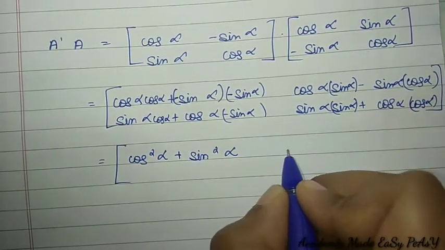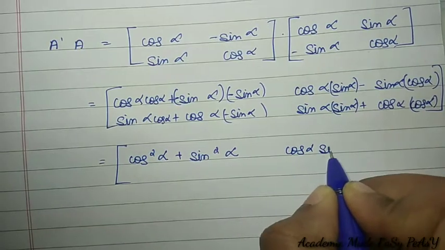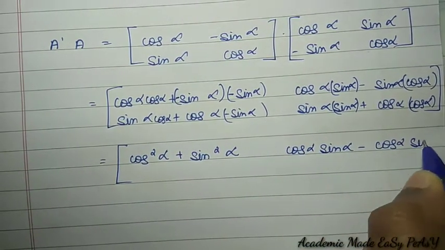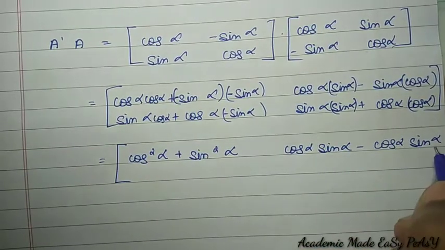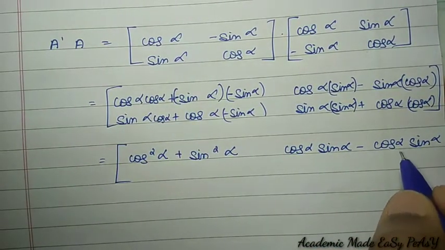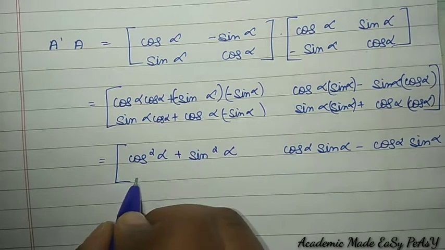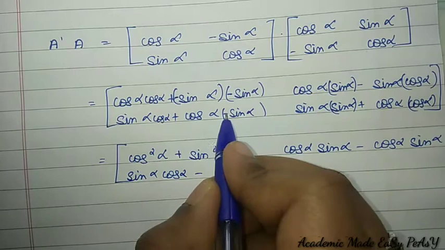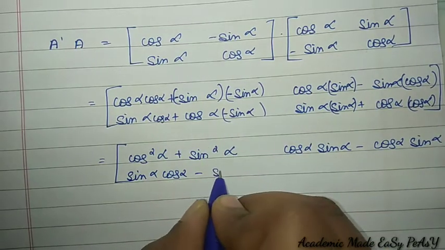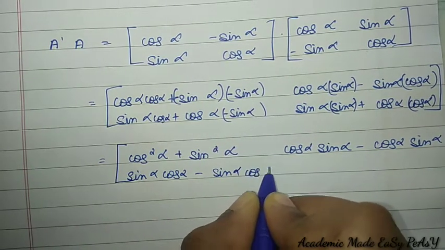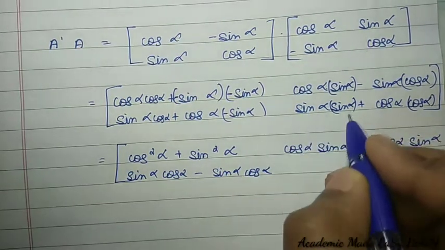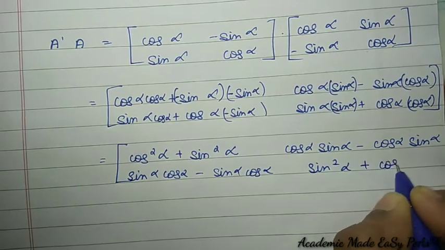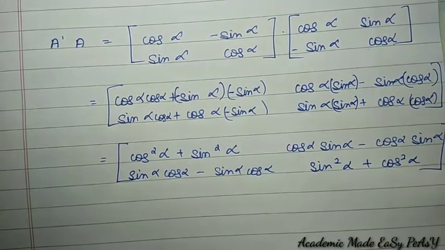Cos alpha sin alpha minus cos alpha sin alpha. Since if I have the same, it won't confuse me, so only I have written cos alpha sin alpha. So here it is sin alpha cos alpha minus, plus into minus is minus, sin alpha cos alpha. Next here it is sin alpha into sin alpha is sin square alpha plus cos square alpha.